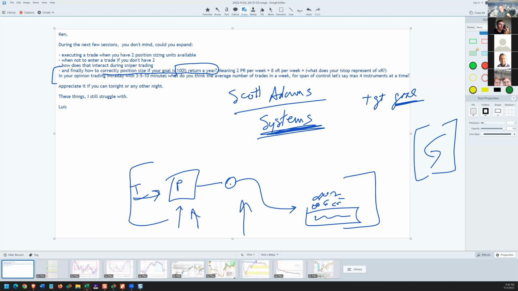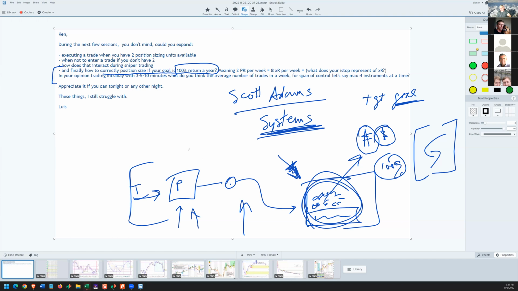If you have a good risk managed process with lots of opportunities and you're generating R, it is far better to take a look at what you can reasonably achieve and then use that to estimate the number of trades that you're going to get and how much money you can afford to manage in order to get to 100%.